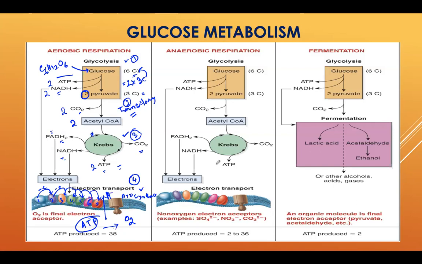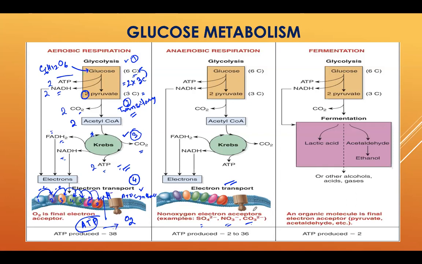Now, anaerobic respiration is the same up to this point. But during the electron transport system, oxygen is not there. Instead, we have nitrite, nitrate, carbonate, sulfate. These are all inorganic compounds. They cannot accept all these electrons. They cannot neutralize the chemical reaction completely.